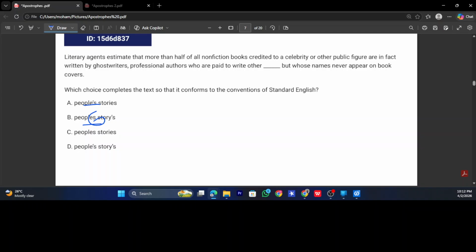C is also incorrect because the context requires the plural possessive noun people's, not the plural noun people. D is also incorrect because the context requires the plural noun stories, not the singular possessive noun story's.